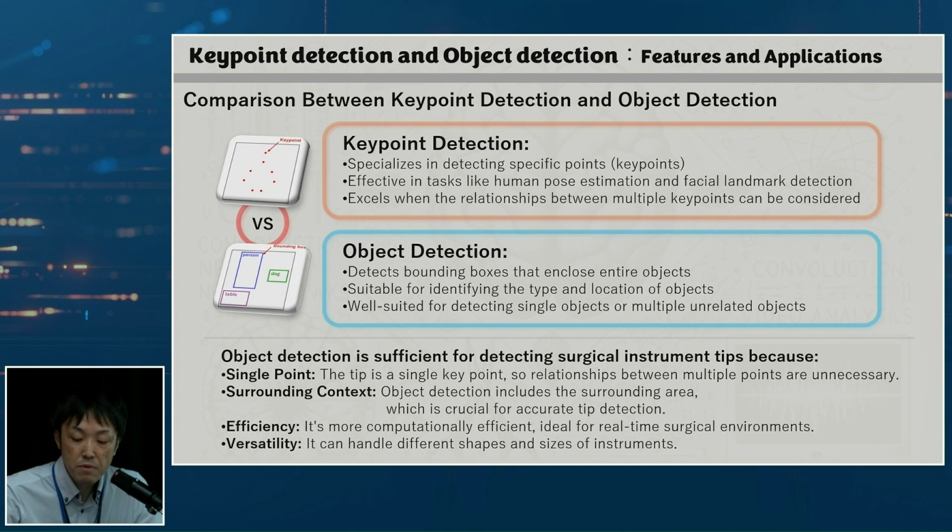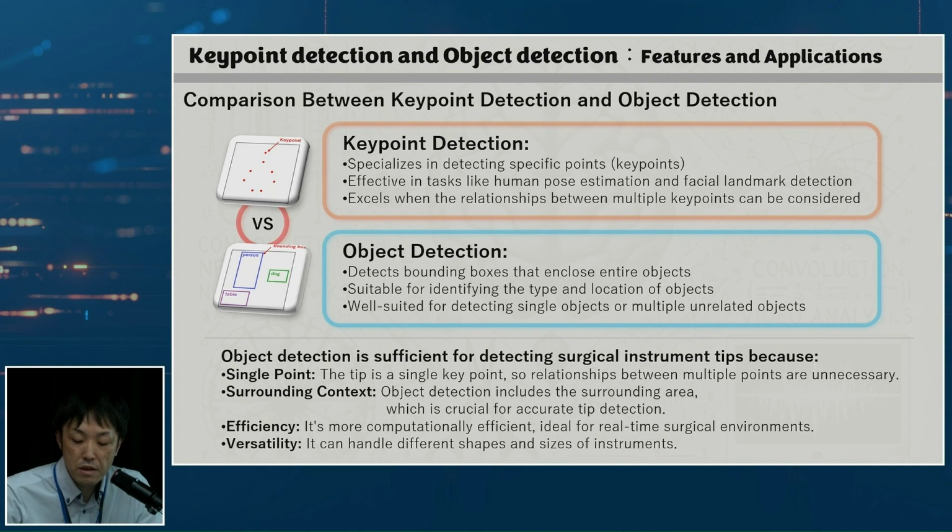On the other hand, object detection detects the bounding box that encloses the entire object and simultaneously identifies the type and position of the object. It is suitable for detecting a single object or multiple unrelated objects.